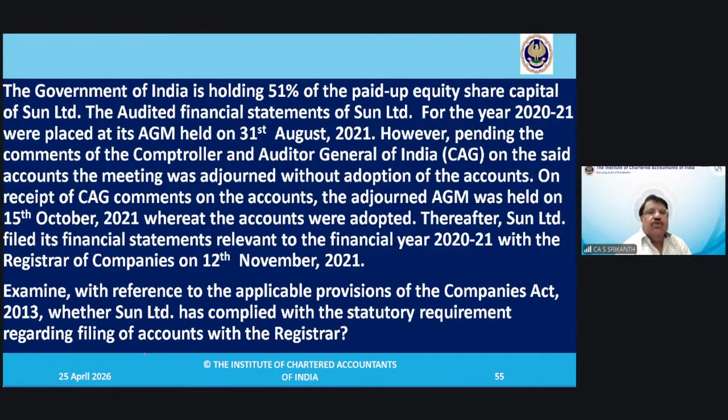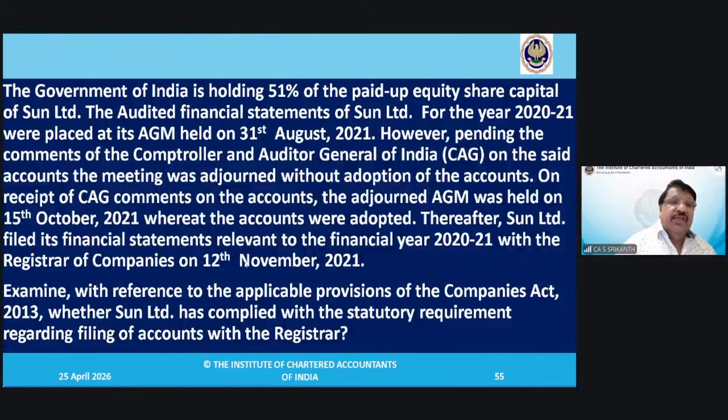Therefore, the provisional accounts should have been filed within 30 days from the date of the original meeting on 31st August, 30 days from that date. They have filed it on 12th November, which is 30 days from 15th October. That is not correct. So, I don't know how Mr. Sridhar says 137(2). Maybe you might have to relook at it.